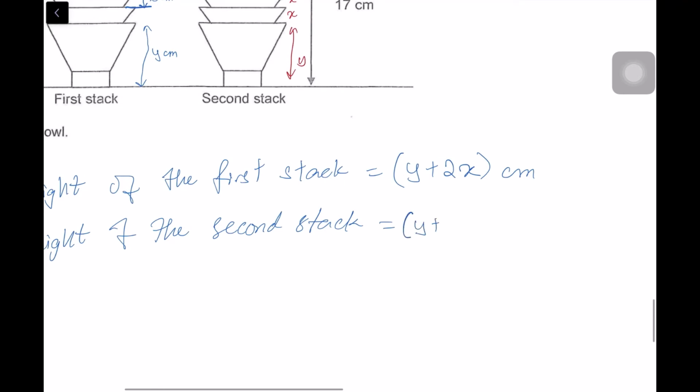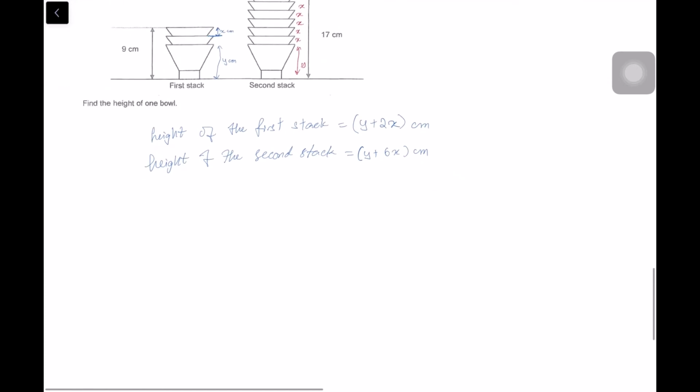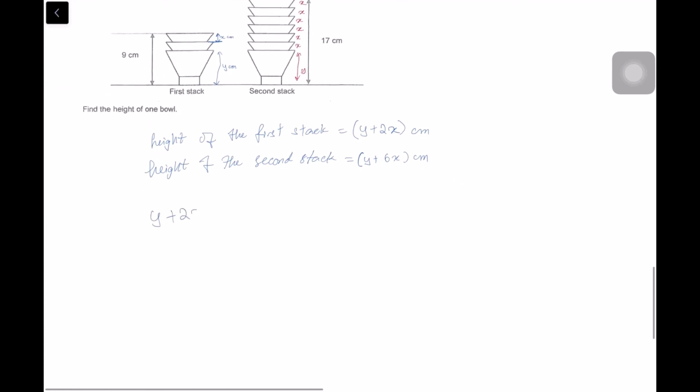Y plus 6x centimeters, right? So we know that y plus 2x centimeters is equal to 9 centimeters, and y plus 6x centimeters is equal to 17 centimeters.